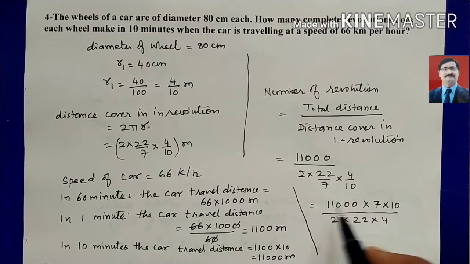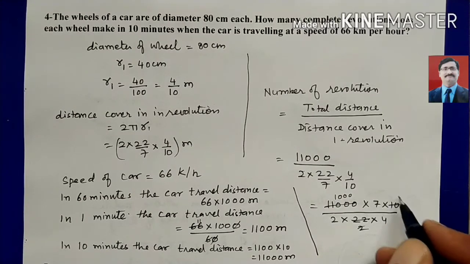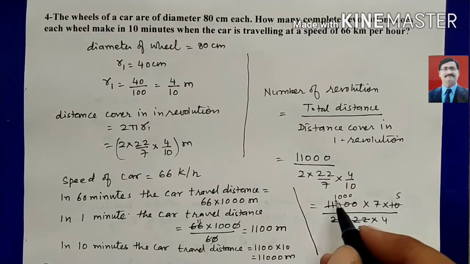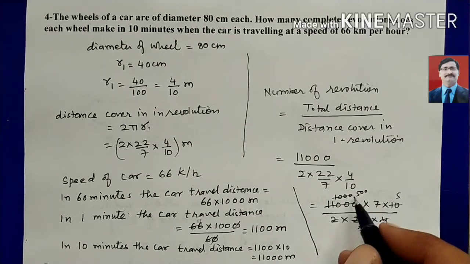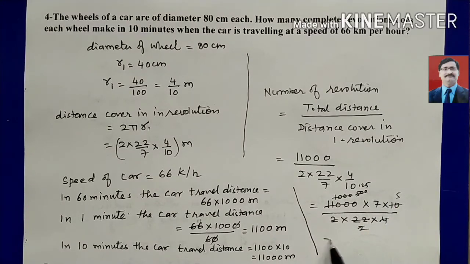These we have to cancel. 11 goes into 11 once, and 11 into 1000 we get 1000. 2 goes into 4 twice, or we can cancel this 2 and this 5. We cancel 2 and 1000 and get 500, and 500 we cut by 4, we get 125, and 125 into 5 and into 7 we have to do, we will get 4375. So the number of revolutions we get is 4375. All of you understand this?